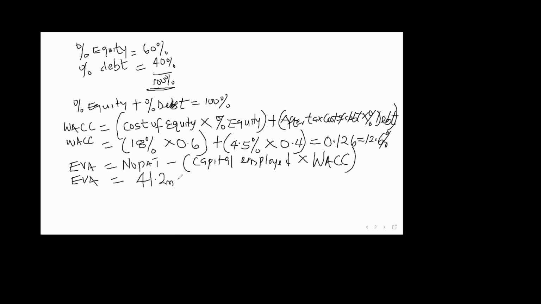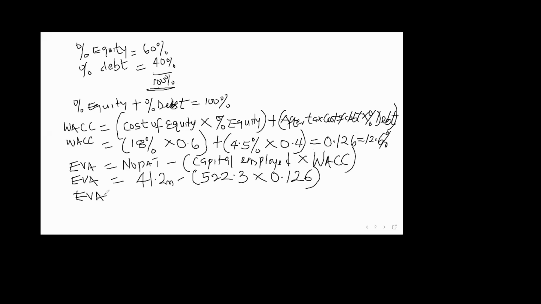I'll come here, minus, open a bracket, capital employed 522 point what? 0.3 or 2. Yes, 0.3 multiplied by WACC, 0.126. Close your brackets. What is your EVA?